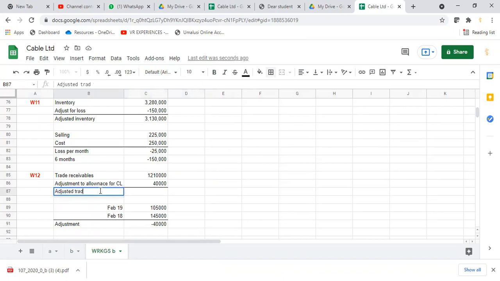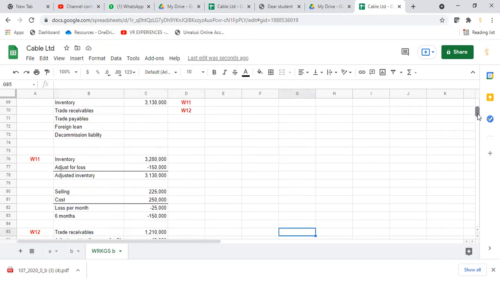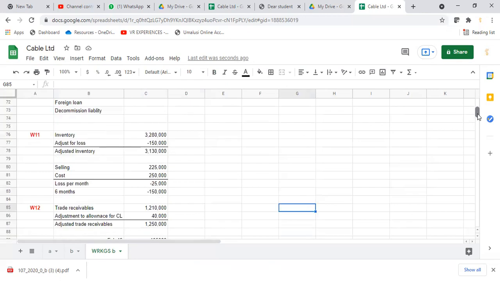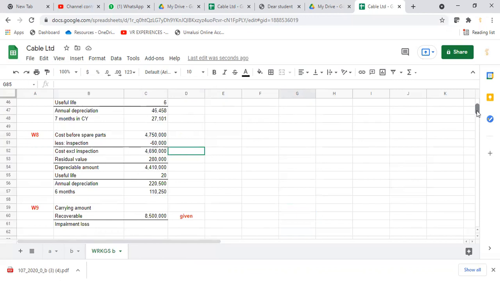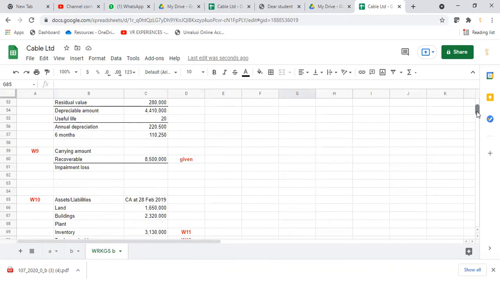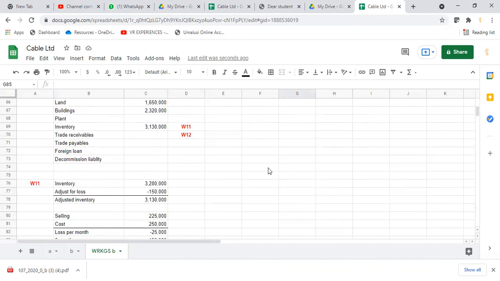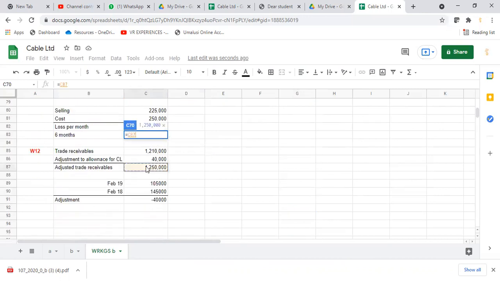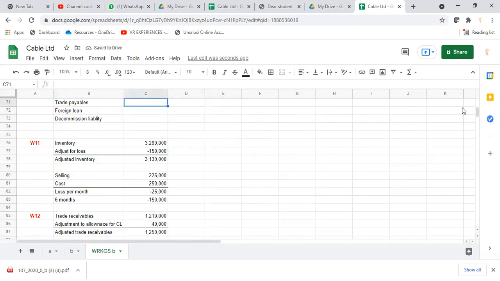Adjusted trade receivables. Okay, so the trade receivable balance would be 1250.